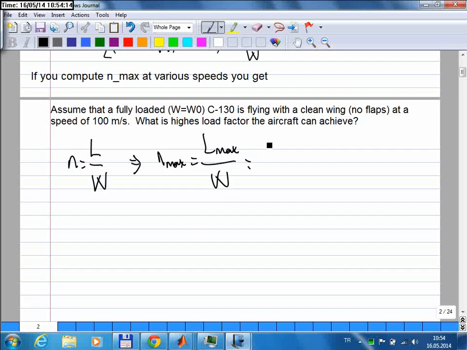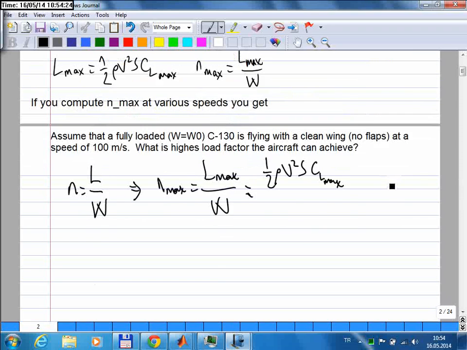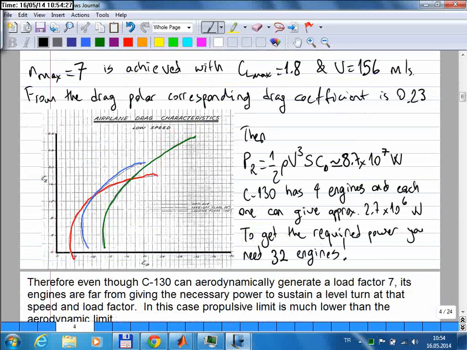And for the maximum lift force, we need to use the maximum lift coefficient. Okay? So that's 1/2 rho V squared S CL max. And the maximum lift coefficient without flaps is taken from this data. I'm not sure if you can see that, but we should use this red curve. And the maximum is between 2 and 1.6, so that should be 1.8.